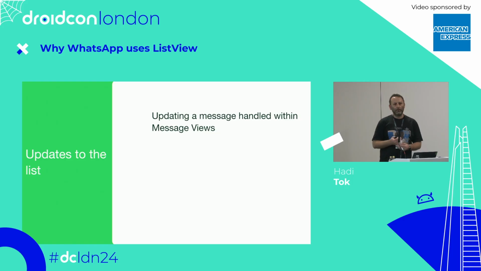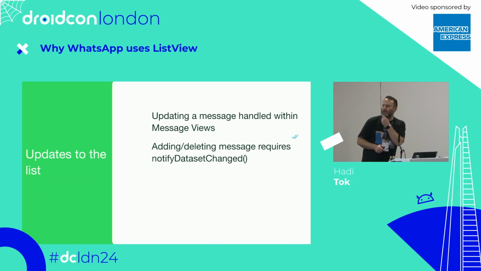One other thing I wanted to talk about is updates to the list, because with RecyclerView it is more straightforward: you would use DiffUtil to do the updates. So how do we do it? If there's an update to a message, for example if you reacted to a message with a thumbs up, the message will render that thumbs up emoji in its own area.